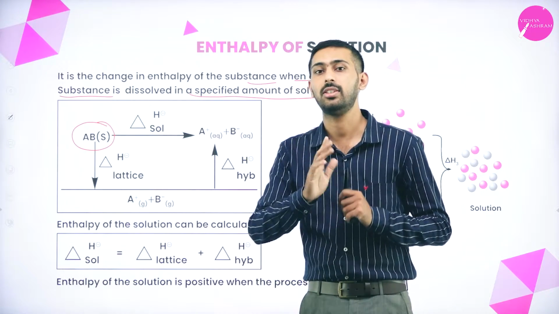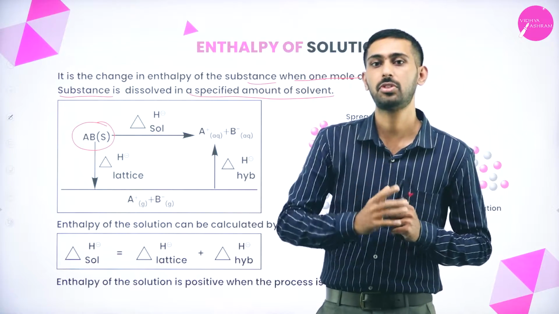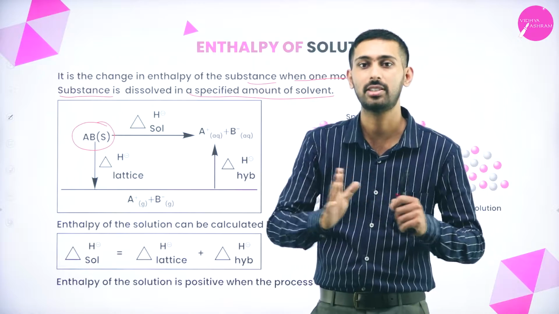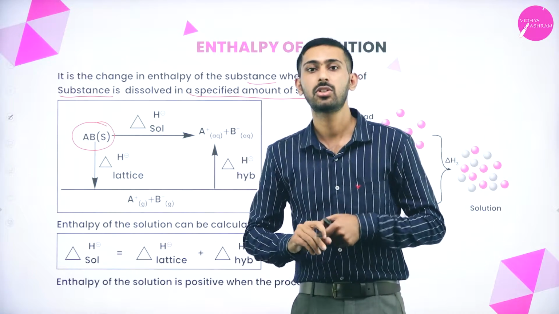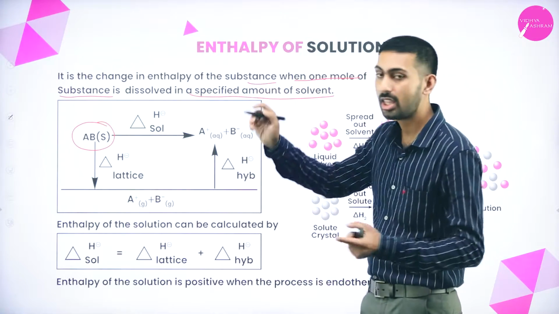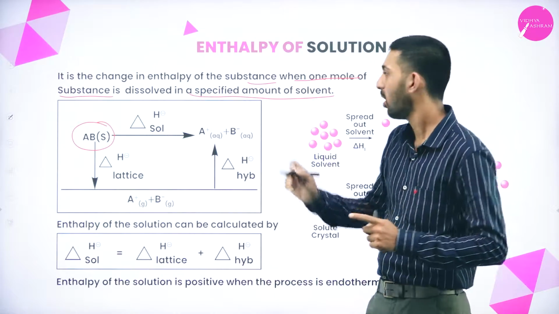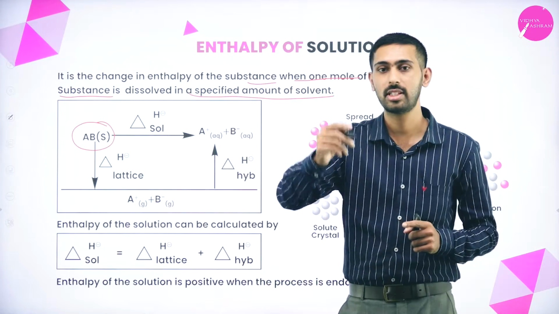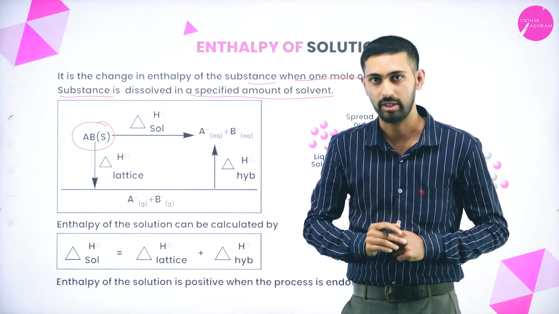Then only it gets dissolved. If you add a little amount of solvent, it does not get dissolved. So we can say it is the enthalpy of the solution when 1 mole of the substance is dissolved in a particular solvent.